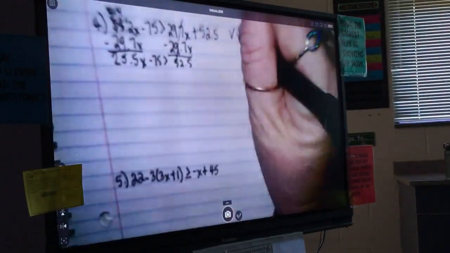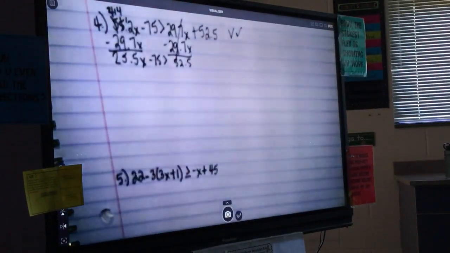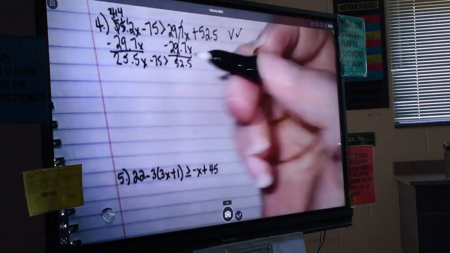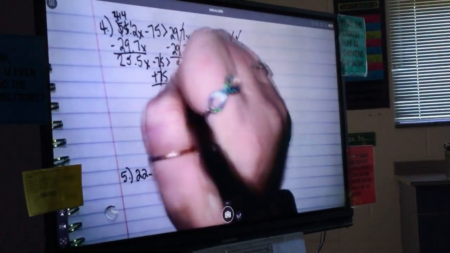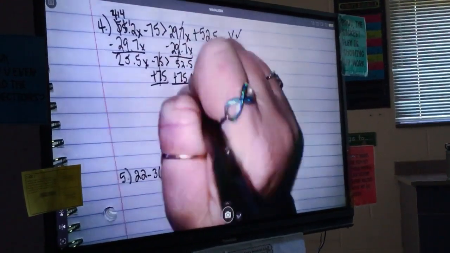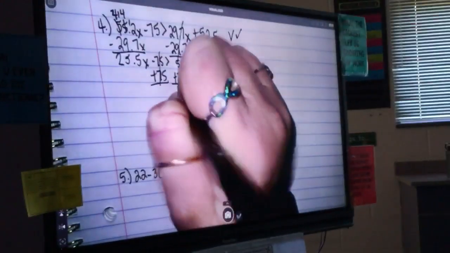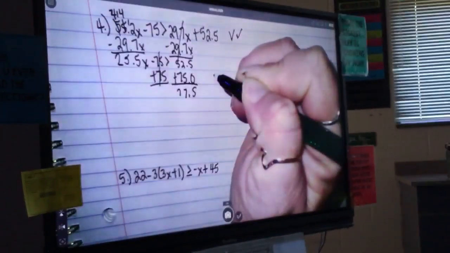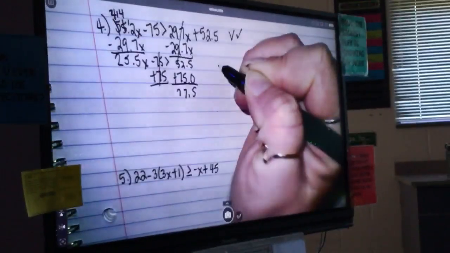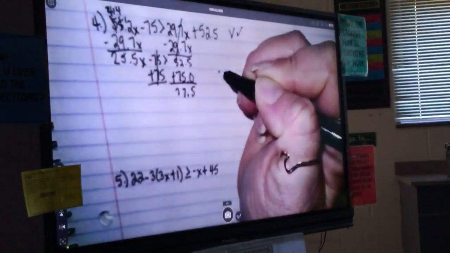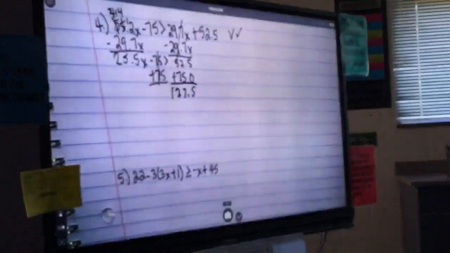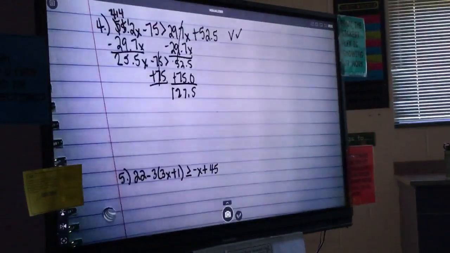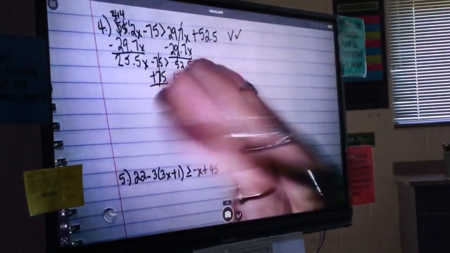Are my variables done? Okay, now I'm going to add 75 to both sides. Is that 2? Did I add that right? Did you guys get 127.5? Yes. Just making sure, because I don't trust my math anymore.